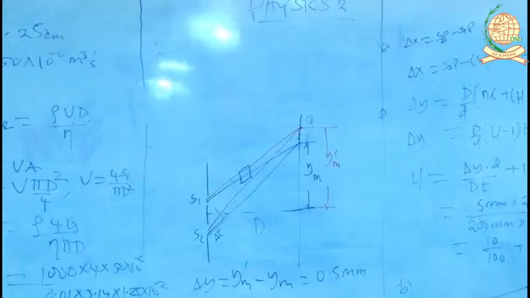This is the point of contact. There's a distance of 75 millimeters to the point where this aluminum foil is placed. So the thickness of the aluminum is T. This is angle theta.